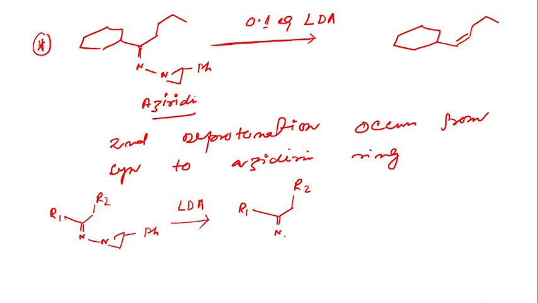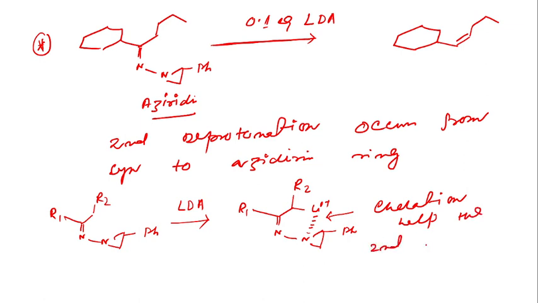It is not given in any book. You say Carruthers, you say Clayden, none where it is there. Just to gain your interest, I have added this point here. So it is the aziridine ring. Now this is minus and this is lithium plus. Here we have some chelation. This chelation helps the deprotonation from the same side. This chelation enhances or helps the second deprotonation from the same side.